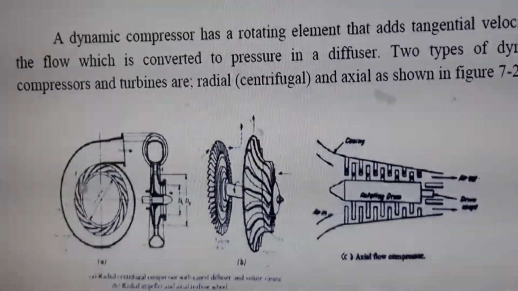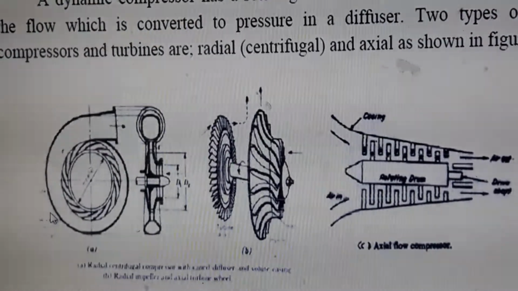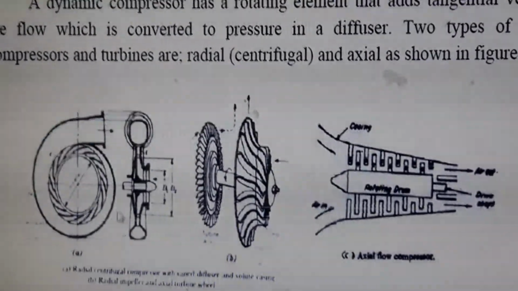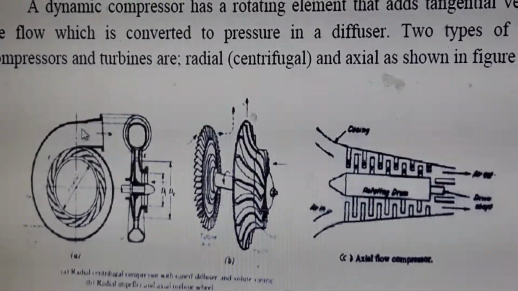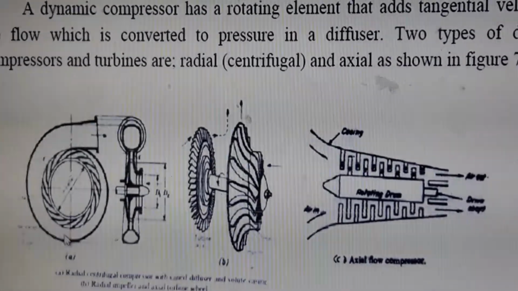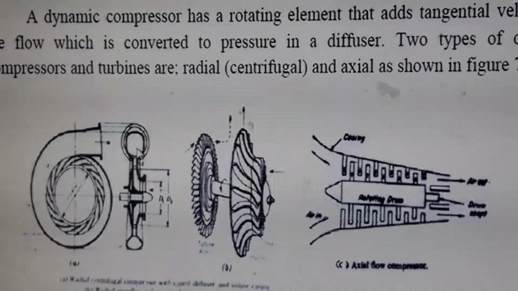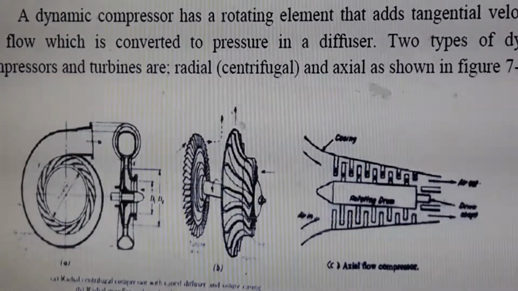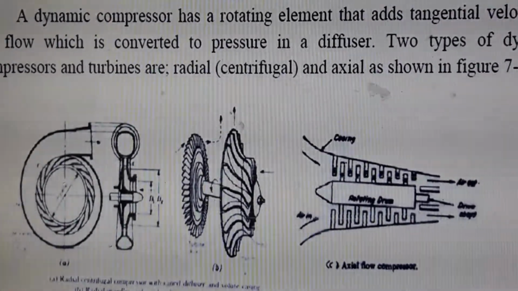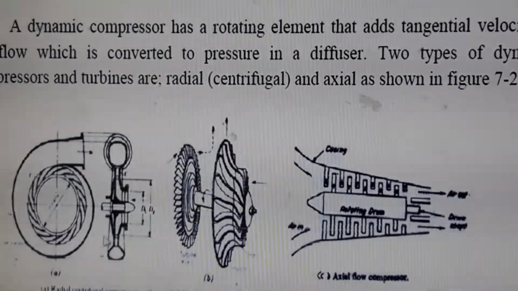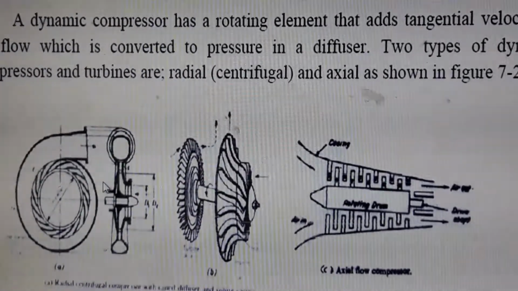The action of the centrifugal compressor is similar to the action of a centrifugal pump. The only difference is that a centrifugal pump is used to handle or compress liquid, whereas a centrifugal compressor is used to handle or compress gas or air.